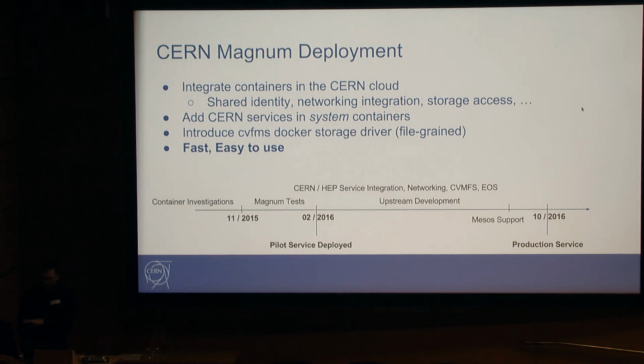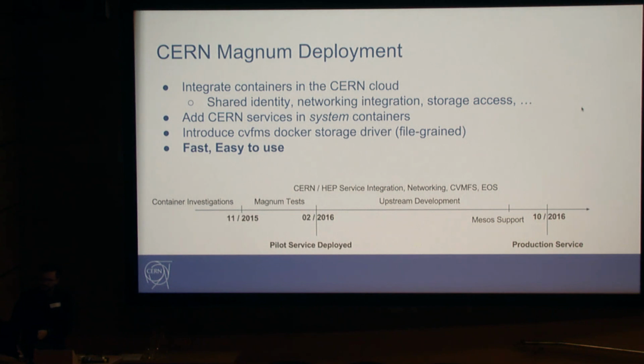And this is a timeline of what we did. But what I wanted to say about the scientific community is that we did a lot of work to integrate the identity part of CERN into our container service, and storage access because we have dedicated specific file systems.